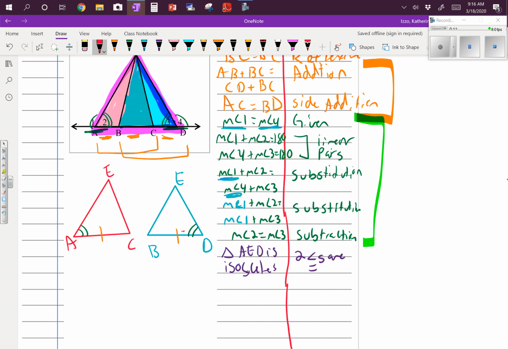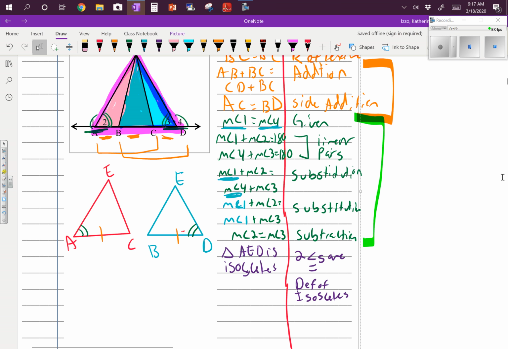Let's take a look. Okay, so now that we've got isosceles, the next step after isosceles is definition of isosceles. Very good job, Squirrel. When you have a vocab word, you need to say definition of the vocab word. Now, what does isosceles mean?